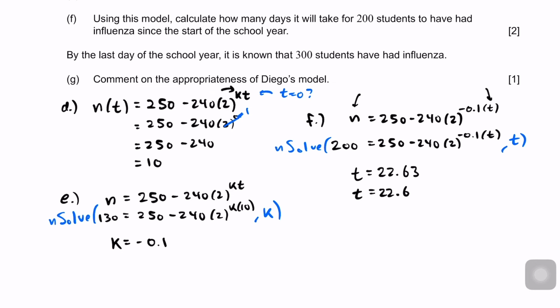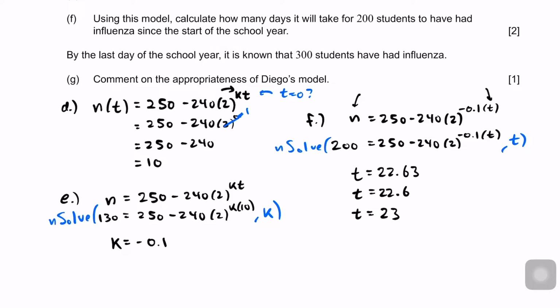And you might say intuitively that it's not until the 23rd day that we have 200 students absent. So definitely don't round down. But just looking at the mark scheme here, the IB does accept 22.6, and in this case they do accept the rounding of 23 as well, if that is your intuition.